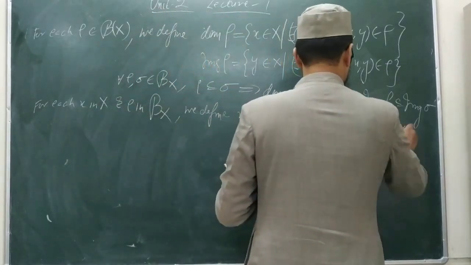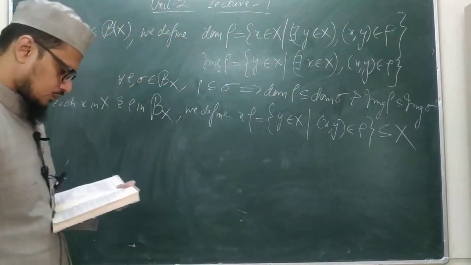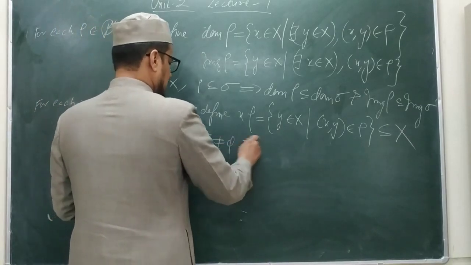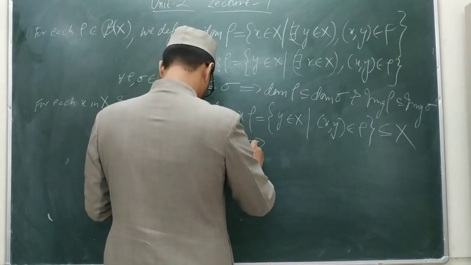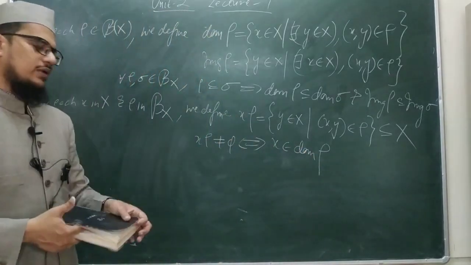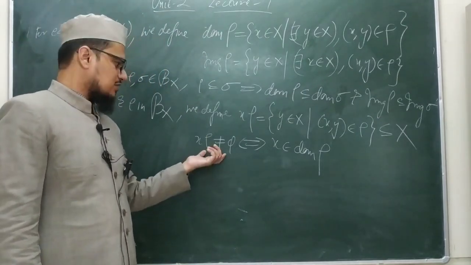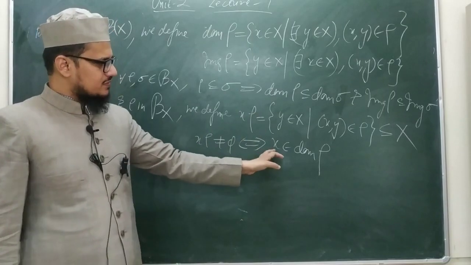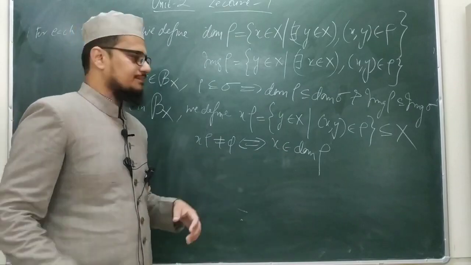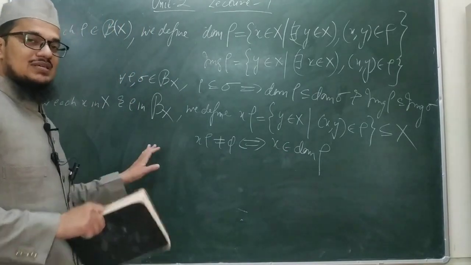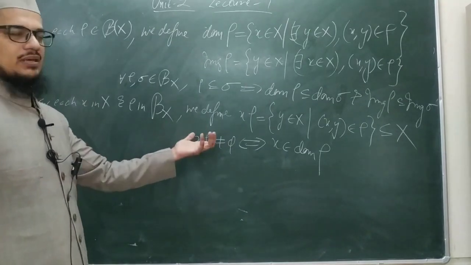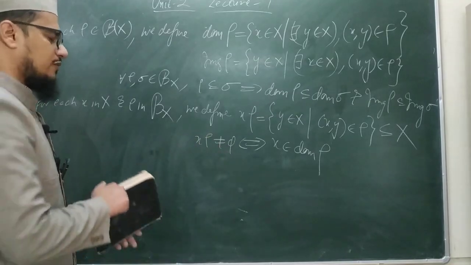Of course, it is a subset of X. Now it's very obvious that x row is non-empty implies x belongs to domain row, and if x belongs to domain row, then x row must be non-empty. It's trivial. But trivial things are not just to be memorized. They also should be justified by all of you. So find out how it is trivial.